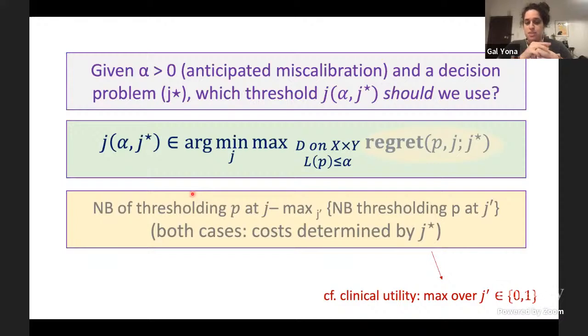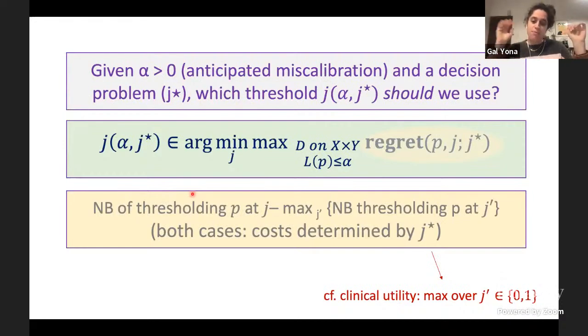The maximum is taken over any possible target distribution and any possible predictor P, as long as the miscalibration of P with respect to this target distribution is at most alpha. So I'm talking about a setting that is pretty worst case, in the sense that I'm not willing to assume anything about the distribution that I would end up encountering, except that my predictor is at most alpha miscalibrated on it.